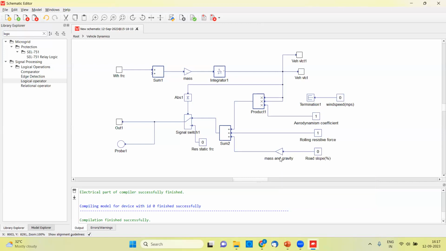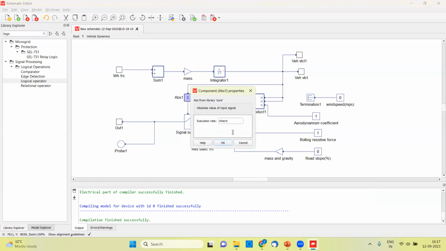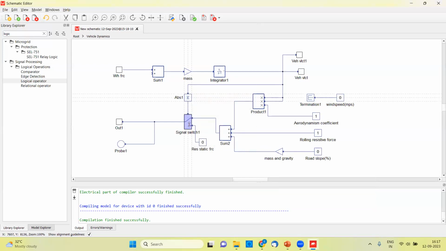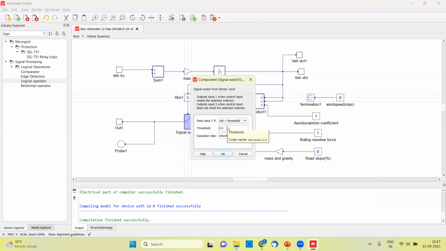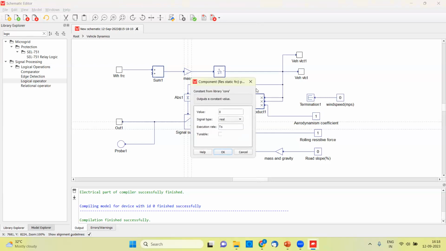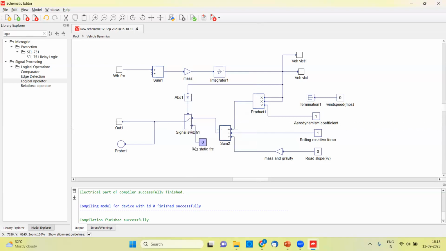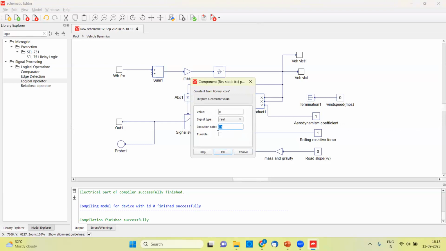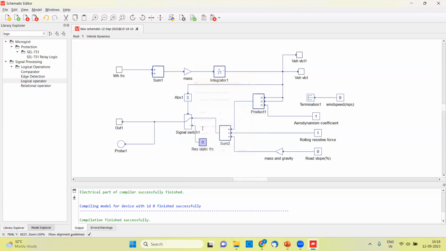Now what I'm going to do is, in the absolute part, I will leave the execution rate as inherit. Okay. In the switch, I'm going to provide the condition as control greater than threshold, and this threshold will be 0.5. Okay. Resistive static force. Okay, this is 0. This is inherit only. Okay. Then integrator block is there.